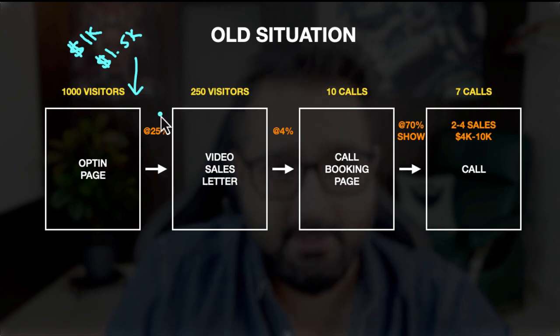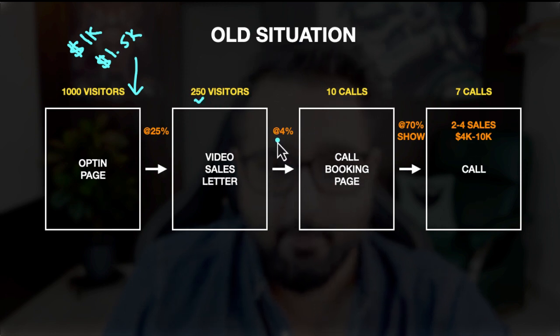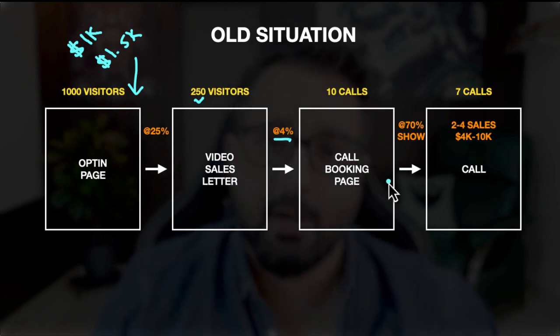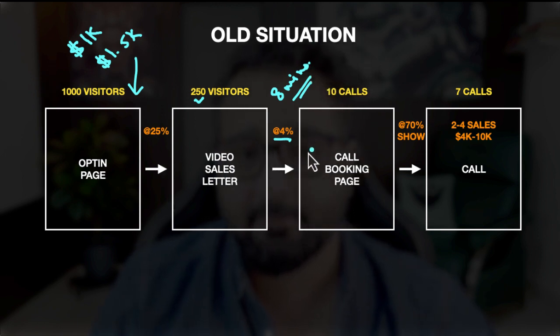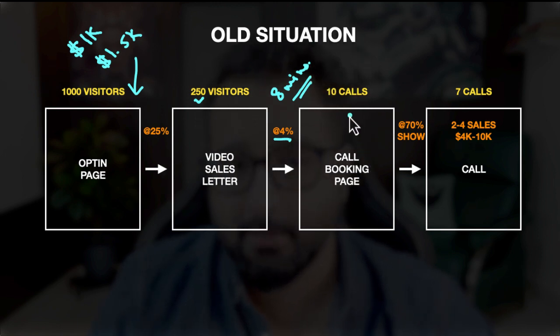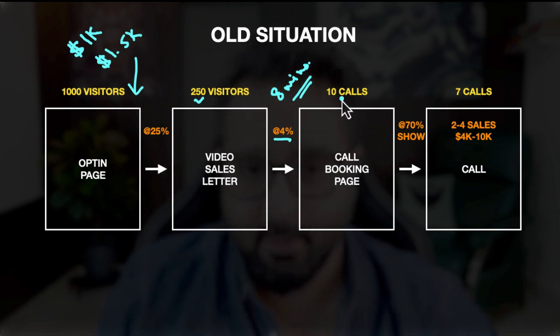About 25% opted in, which means 250 visitors. And then at a 4% conversion rate, because I use a call funnel and it just uses a VSL, which is 8 minutes, it's not too long, it's not hypey, it's targeted. So it gets a 4% conversion to the call booking page. People go from the VSL to the call booking page at 4%, so that's 10 calls, right?